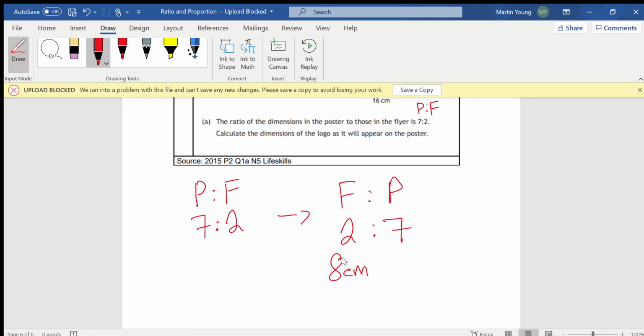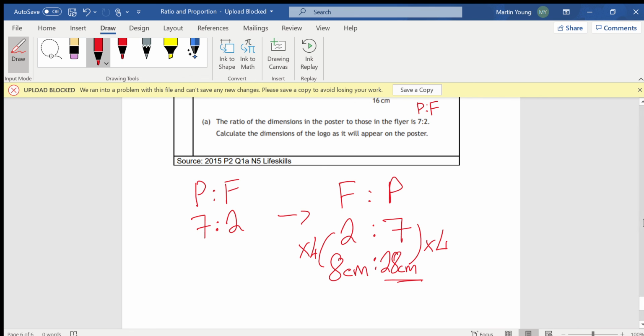What have I multiplied by? What I've done is multiplied by 4. So I'm going to do that to this side. When I do that to this side, I have to do the same to the other and multiply by 4. So 7 times 4 is 28 centimeters. That's one bit of the triangle.